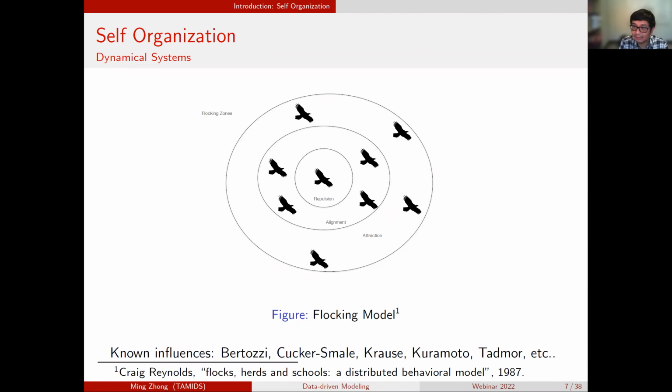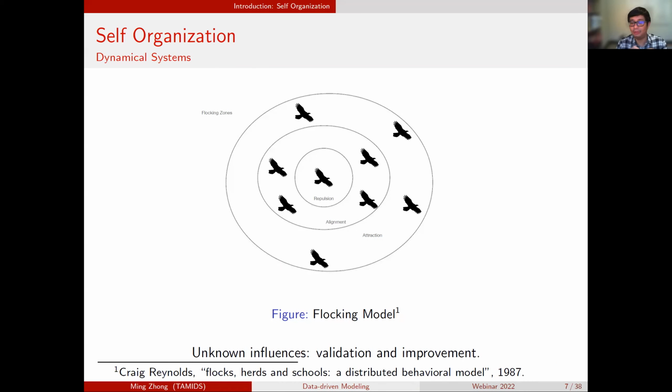When agents get close, they should repulse, so we have this repulsion zone. And when agents get far away, they should attract each other so that the whole system will stay in a group, so we have this attraction zone. And in the middle, you have the agents trying to align their headings so that they will try to fly in the same direction. So that's the basic flocking behavior for this flocking model.